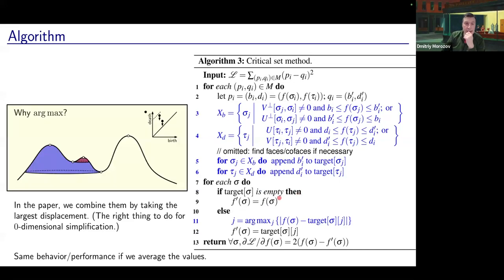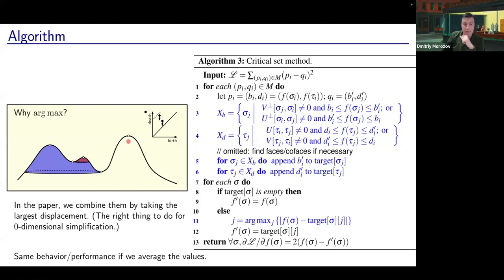The rationale for this comes from the following. Suppose that I have a function and I want to push all of these points into the diagonal. So I want to simplify points whose persistence is less than something. Well, if I take this point, its critical set is going to be this entire blue and purple mountain. If I take this point, its critical set is going to be this little purple range.